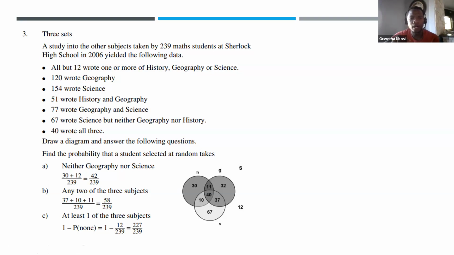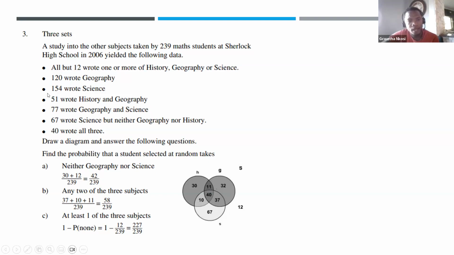Okay, all right. Now remember for geography, I have 120. So now how am I going to get to 120? For geography only, I have to calculate all these numbers.